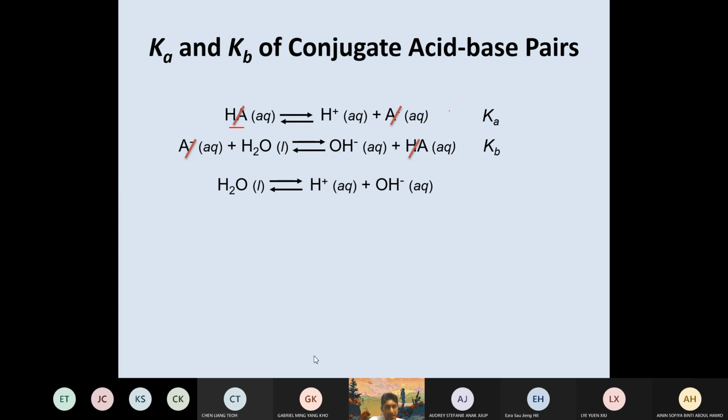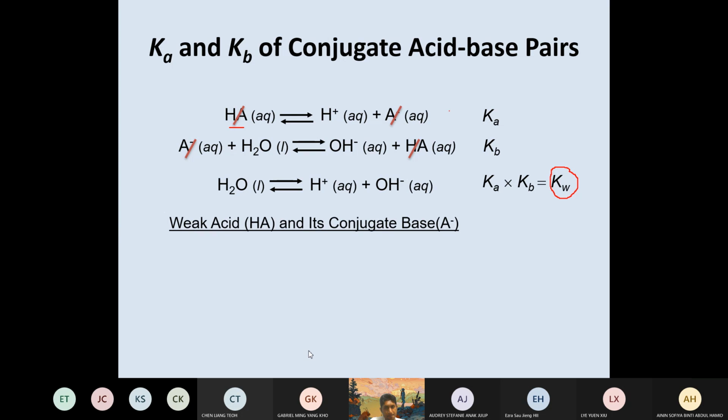That is why the multiplication of Ka and Kb should be equal to Kw. This is another interesting thing. So we are coming back to the water dissociation constant. From the acid and base dissociation constants, we can come to the water dissociation constant again.